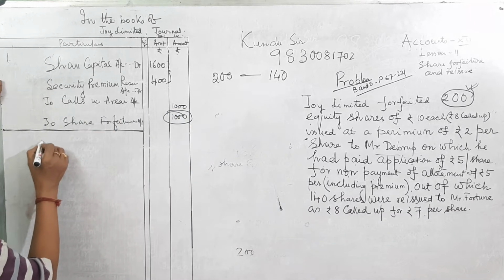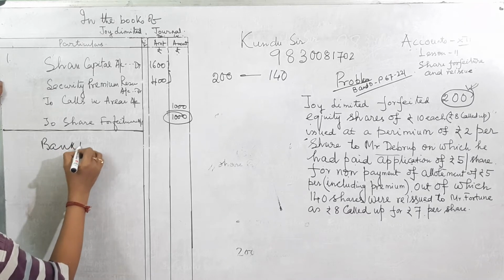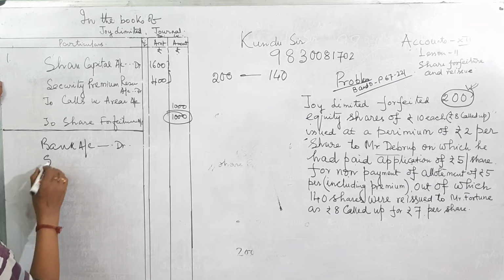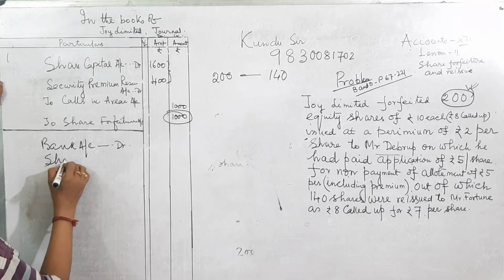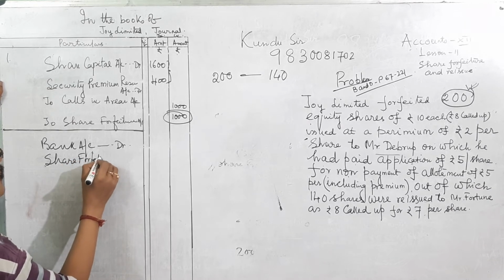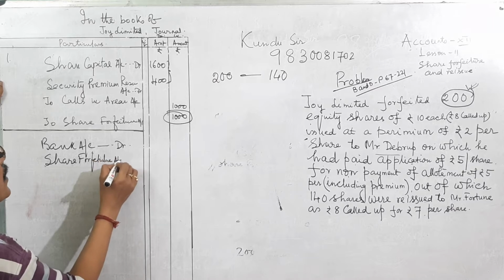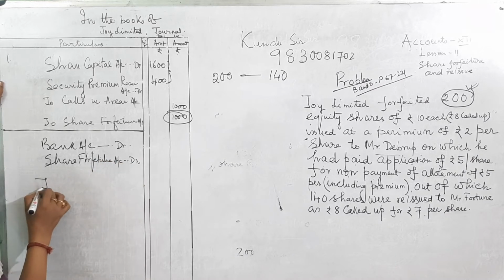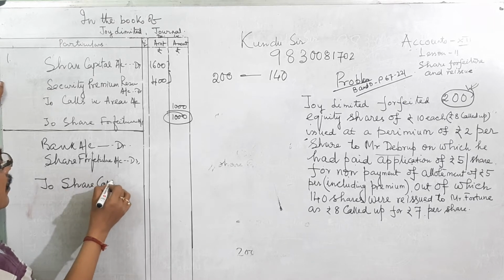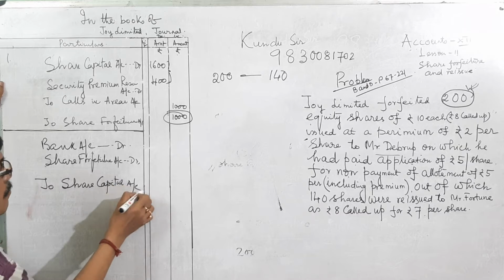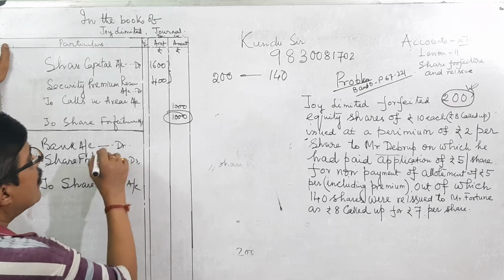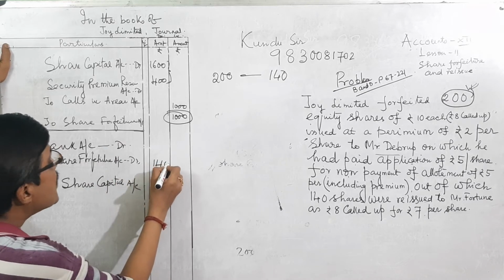So bank account debit, share forfeiture account debit, to share capital. We are giving discount which we are adjusting from share forfeiture.